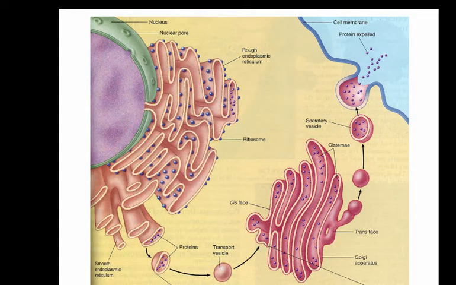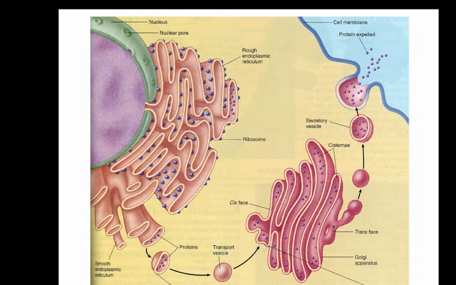And what you see here is a vesicle that buds off from the smooth ER and contains proteins. Remember, those proteins were modified in the rough ER. They're transported to the cis face of the Golgi. Now, all of this is taking place in the cytoplasm. And then they're modified here. They're synthesized. They're sorted. Okay?